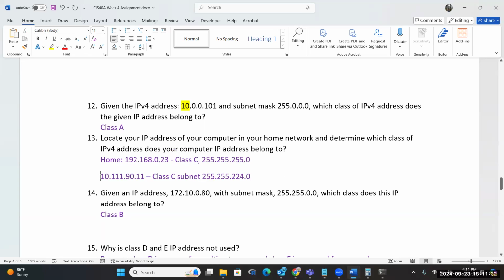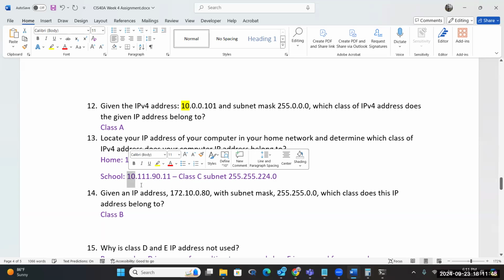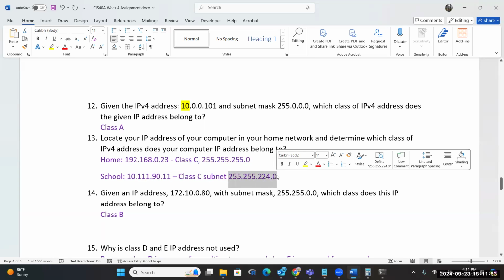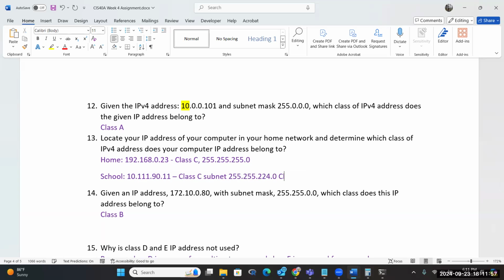But for our CCD, we say school. This is the IP address. I looked this up last time. It's a little different today, right? But it's 10.111.90.11. Well, it's a class A IP, but the subnet mask shows a class C. This is a classless IP address.